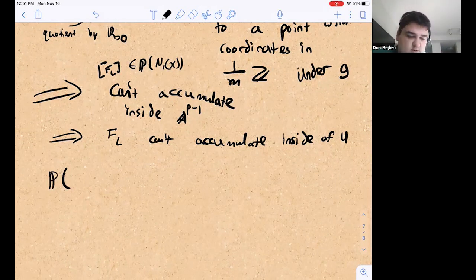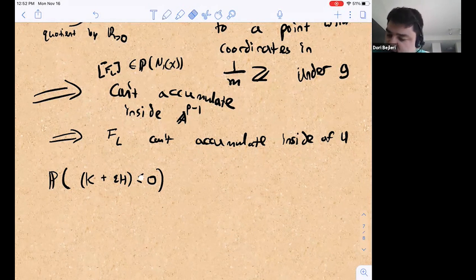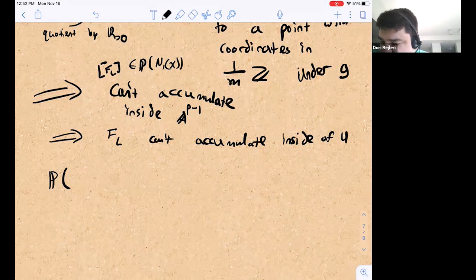if we look at K plus epsilon H less than or equal to 0, and we take the projectivization of this stuff, then this is actually, sorry, I should write here the cone, like the intersection with NE.